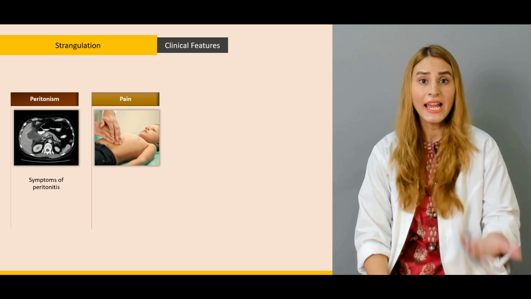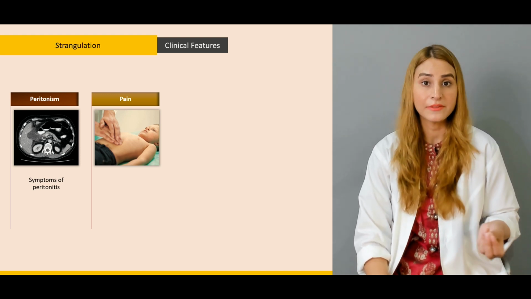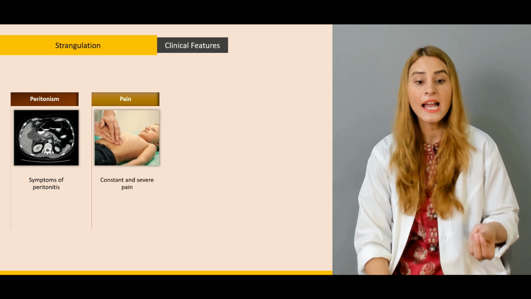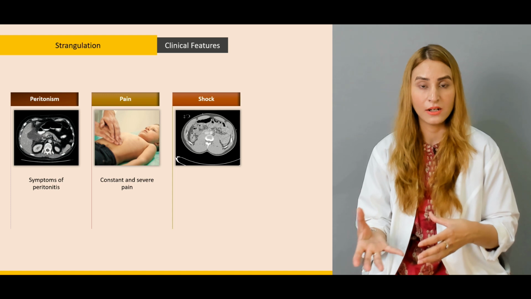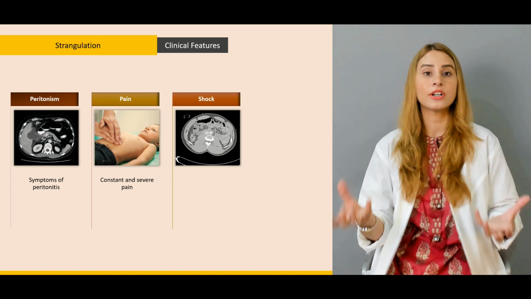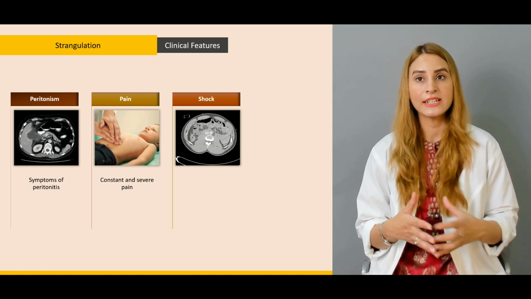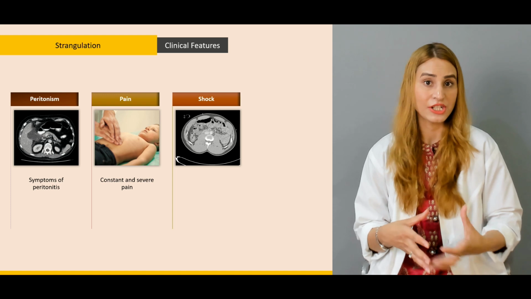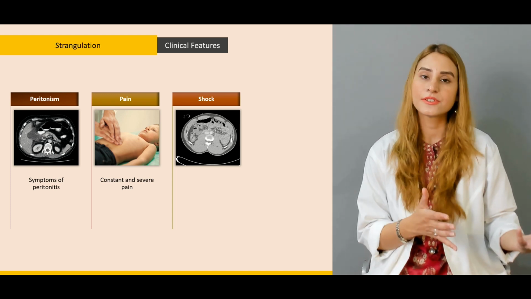There will be pain, and the pain is severe, excruciating, not even relieved by opioids, constant and severe, and the patient can present to you with shock. Why can the patient present with shock? Because whenever there's peritonitis, the patient can have dehydration, because a lot of fluid is contained proximal to the obstruction.